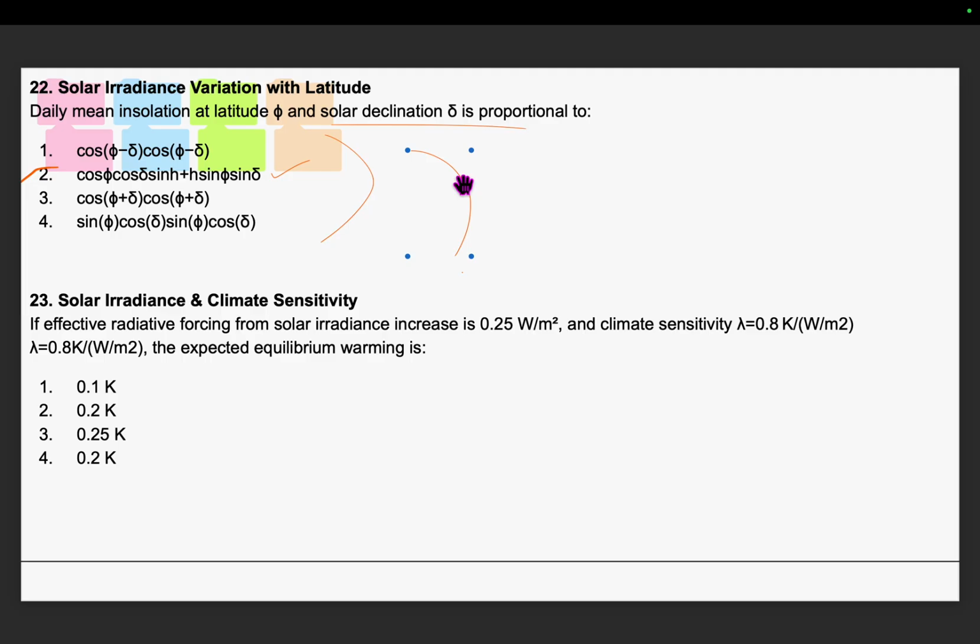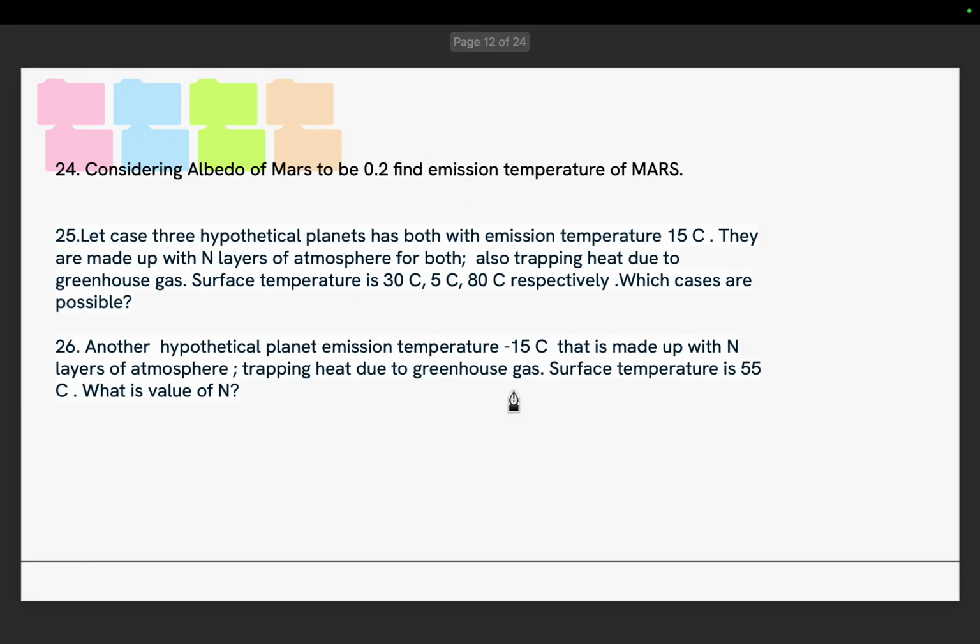Question 23, I will skip for now, but question 24 is the same kind of question from the previous discussion in our class. Considering the albedo of Mars to be 0.2, find the emission temperature of Mars.